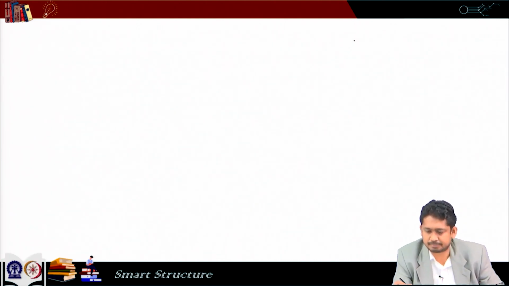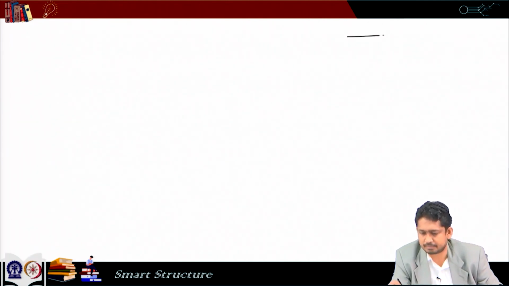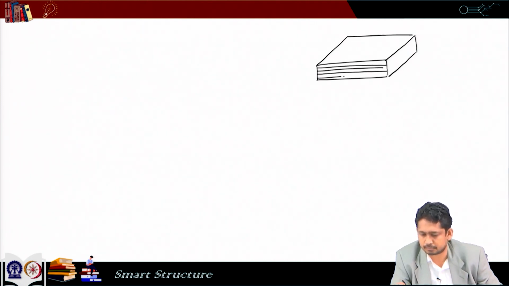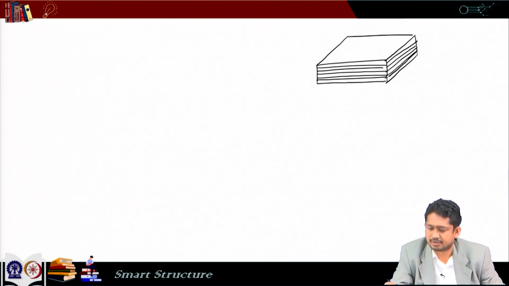So, our composite laminate looks like this. It is made of several plies. One more ply. And then we know the properties of the individual plies.